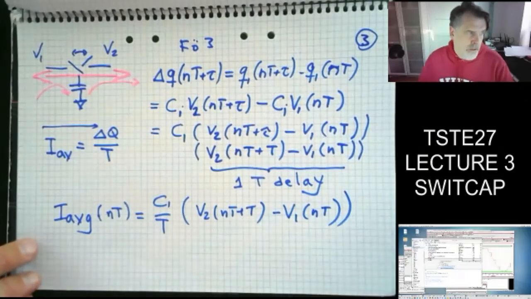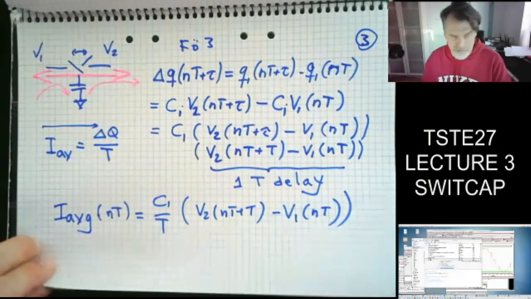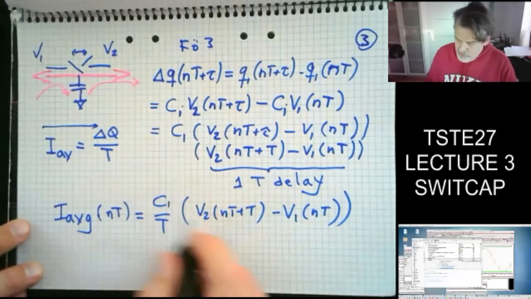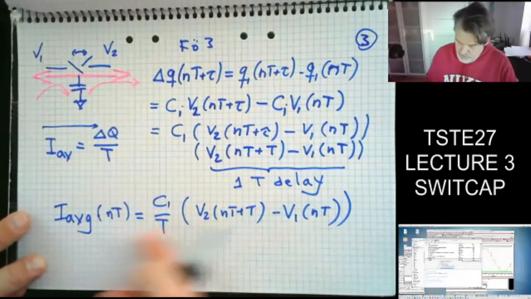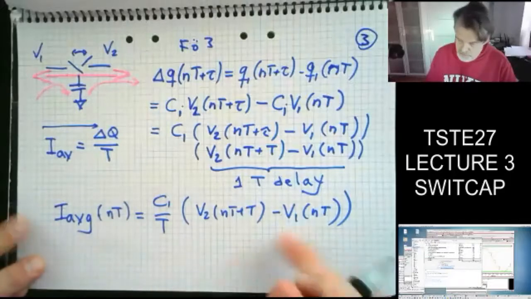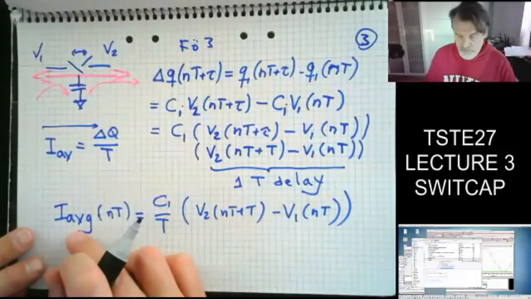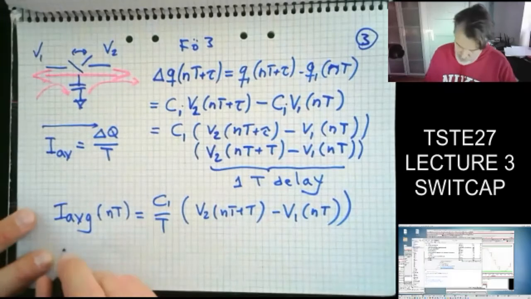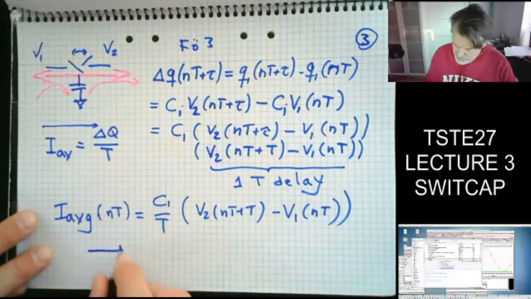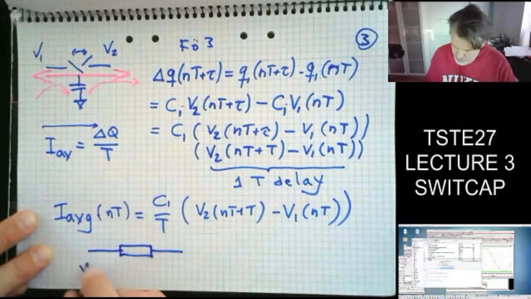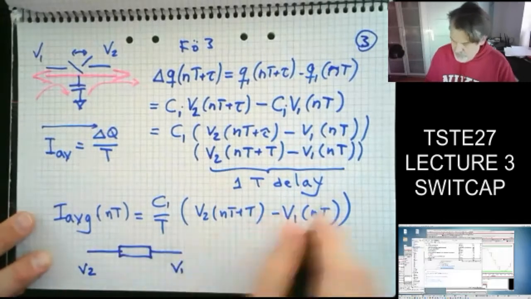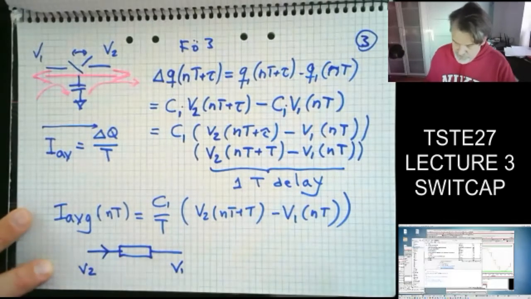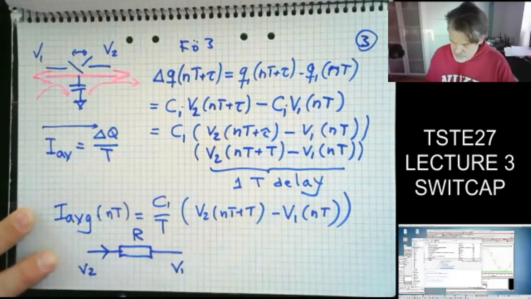And now if we just compare this with a simple resistor, more or less, I equals something times V. So if I move this to the other side, I will get V equals something times I. Okay, so we do have something like V2, V1, or whatever direction we want to use here. I get an I average and I have a resistor here.